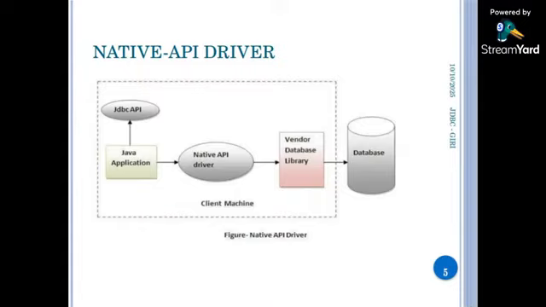For each application, we interact with different databases. If I have this type of native API driver, I have to develop native API drivers for all types of databases. So that was the second problem.